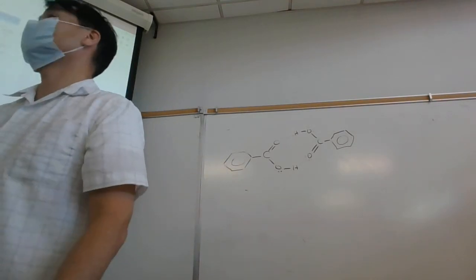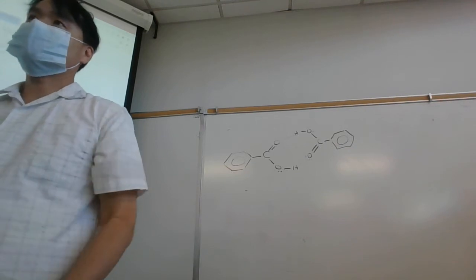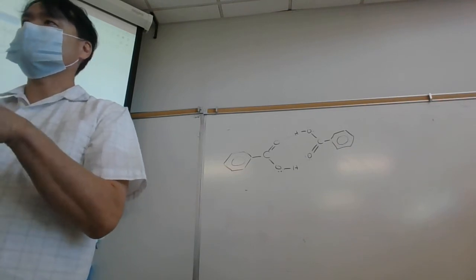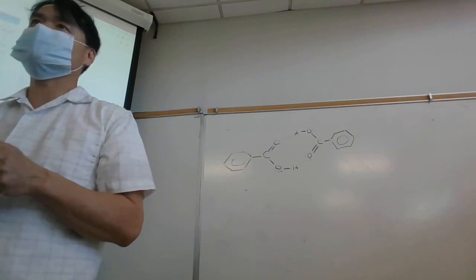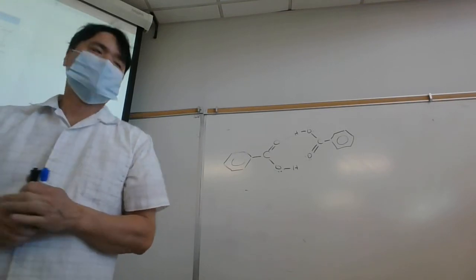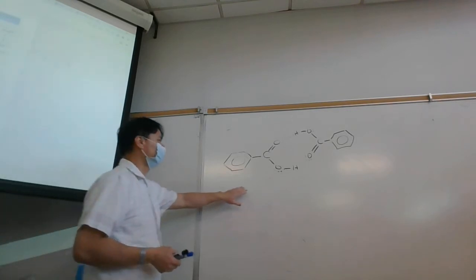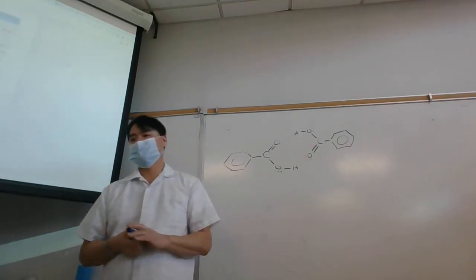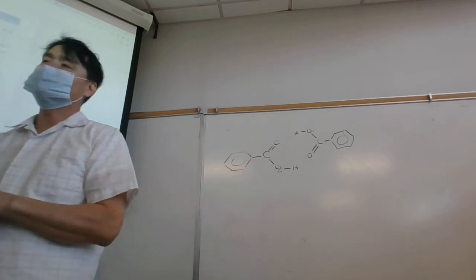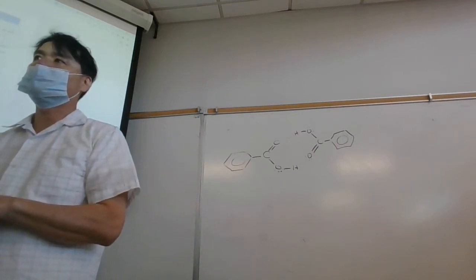This is why it's in chapter 14. Colligative properties depend on how many independent particles there are in solution. It doesn't care about stoichiometric concentration. So I might make up a solution that's 1 mole in benzoic acid, but it's effectively going to behave like a half a mole. Why?